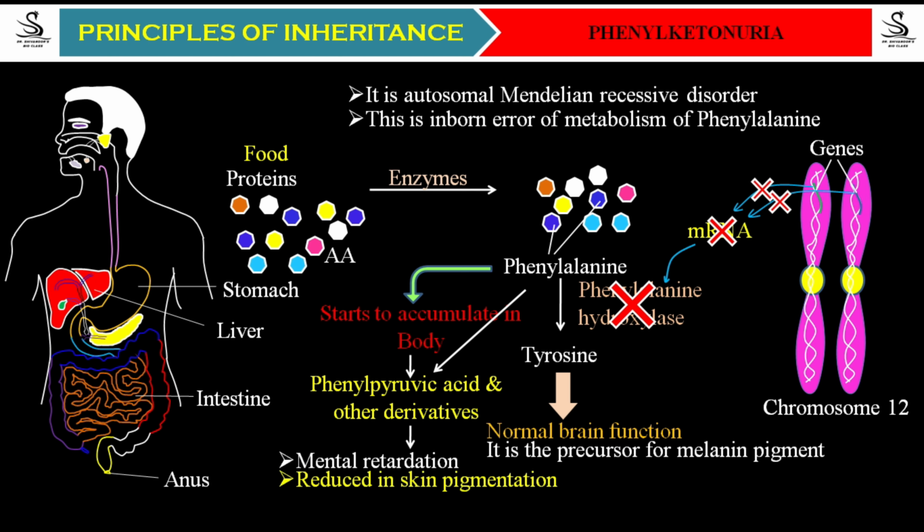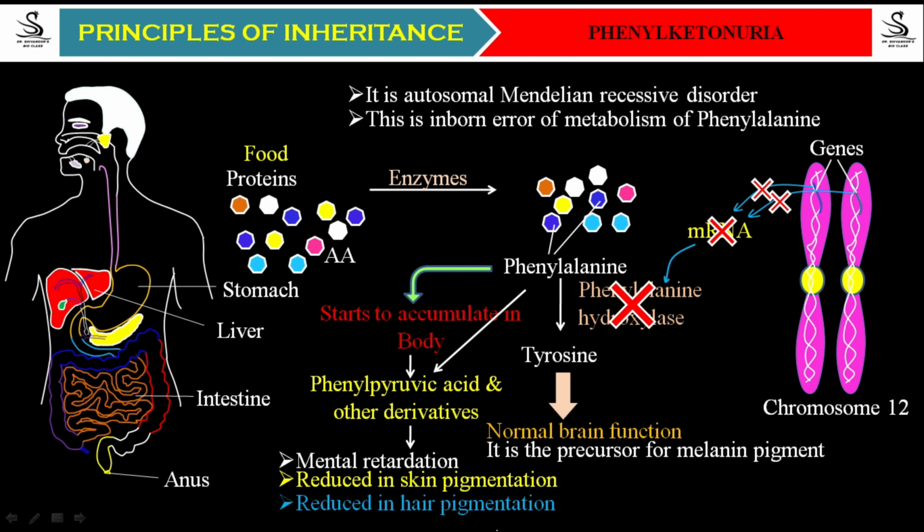As well as that will result in reduced skin pigmentation. Why is there reduced skin pigmentation? Because there is no availability of the tyrosine, and tyrosine acts as a precursor for the melanin pigmentation. Due to the absence of this, the skin color starts to fade, and not only that, students, it will result in reduced hair pigmentation also.